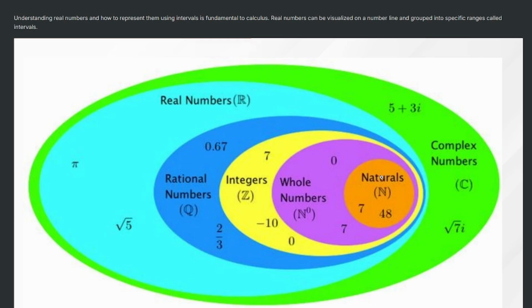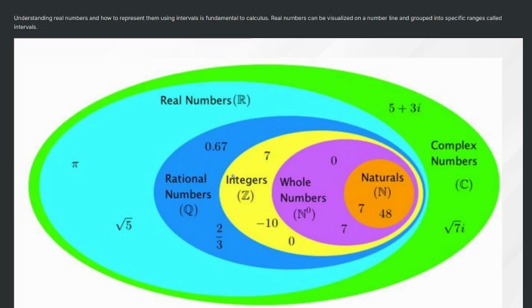It includes all positive numbers without any decimal: 1, 2, 3, 4, to infinity. The whole number system includes zero as well as the natural numbers. And integers include negative natural numbers as well as whole numbers and positive natural numbers.